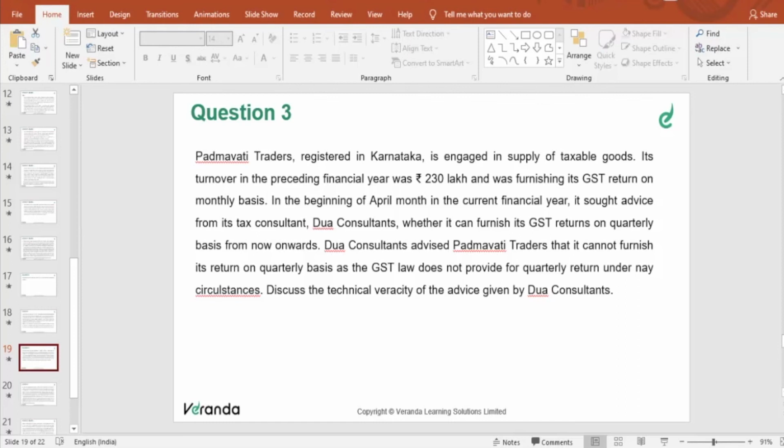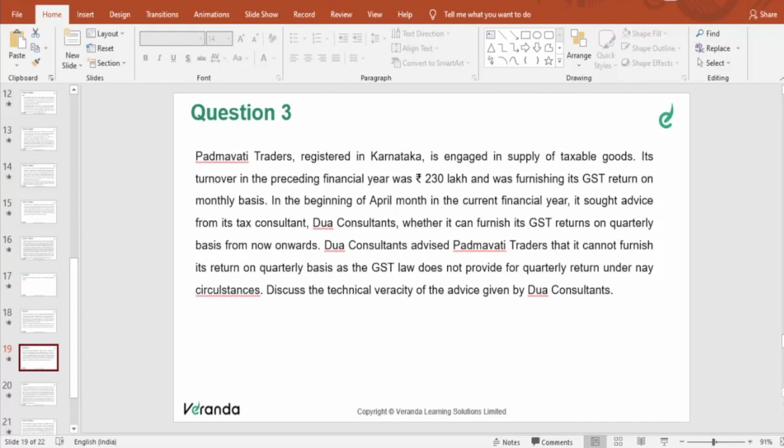So in this case, first of all, yes, Dua Consultant is wrong in the advice which they have given. From 1st of January 2021, the government brought in a new change, the QRMP scheme, the Quarterly Return Monthly Payment scheme.